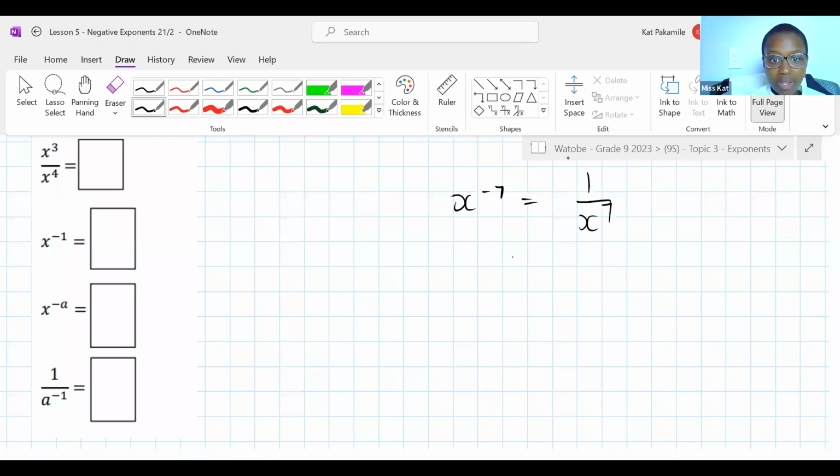Okay. What if I have 2x to the negative 3? Now I'm pushing you guys a little bit. It's not too much. You can handle it. What happens now? So I have a 2. I have an x and negative 3. Tammy's hand is raised. Tammy?